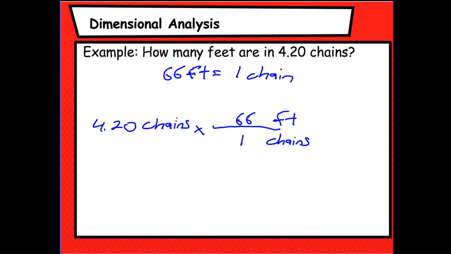My units are in the correct positions on the dimensional analysis. I do the math, and you should get 277 feet as my answer. So 4.20 times 66 divided by 1 gives me 277 feet. And I'm following sig fig rules in my calculations.